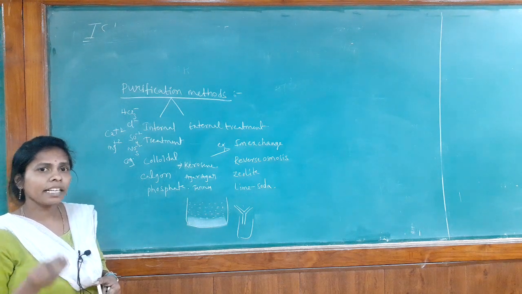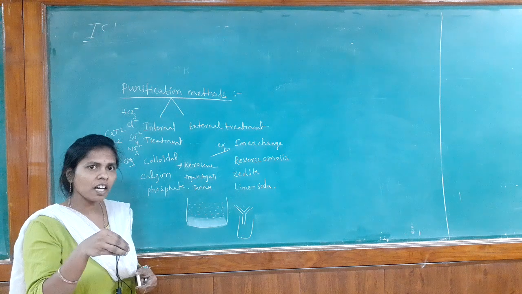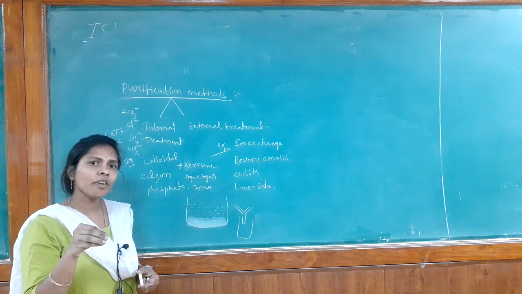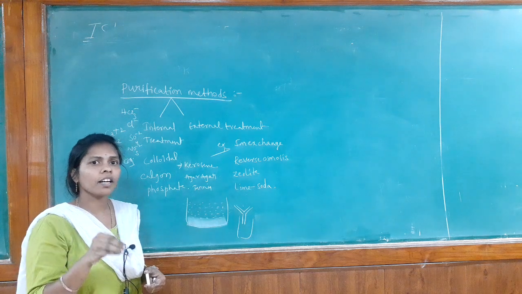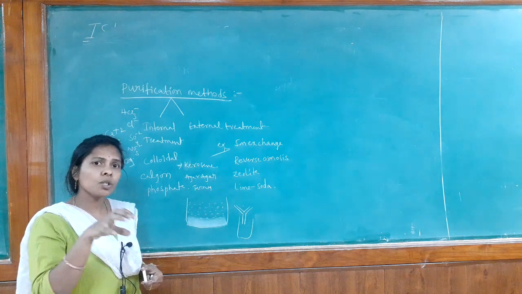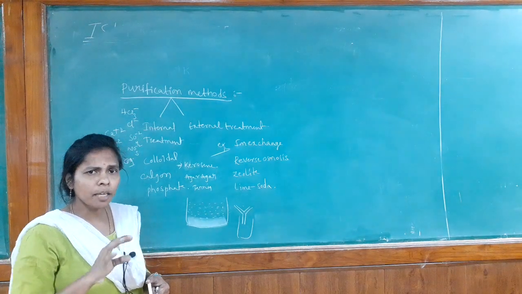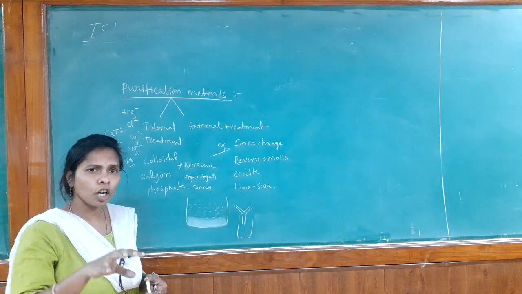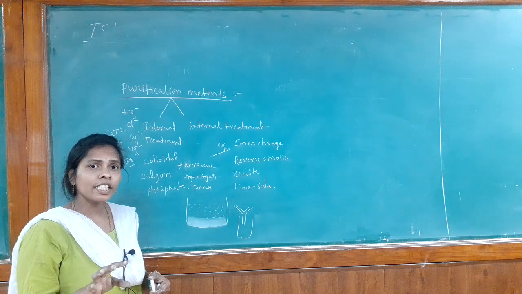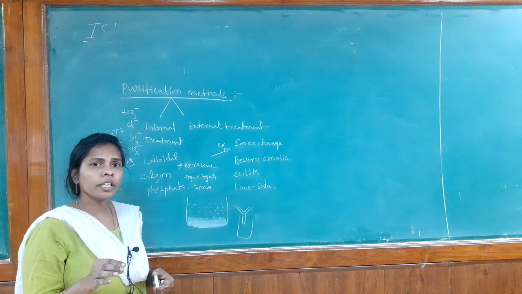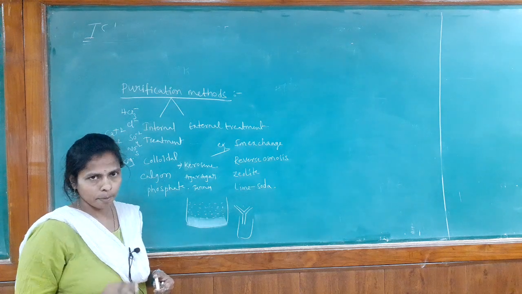By adding it to the water sample, the entire calcium is converted to a soluble compound. That means it does not give any precipitate, it is converted to a soluble compound which is not harmful to human beings, and also it does not give any boiler trouble.